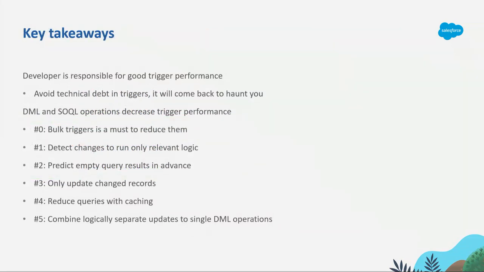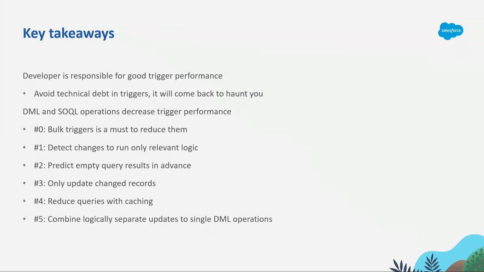All right, to summarize, performance is not something that you add on top of your feature, it's something you build into those. So it's good to keep in mind that you as developers are responsible for the good performance.